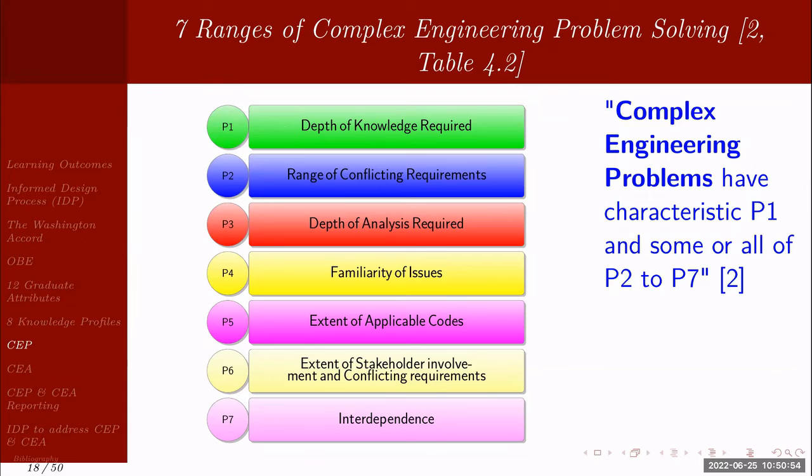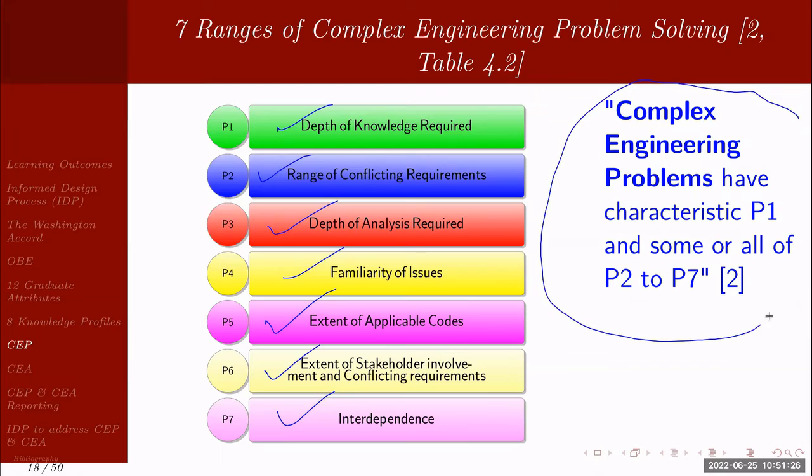P1 is depth of knowledge required. P2, range of conflicting requirements. P3, depth of analysis required. P4, familiarity of issues. P5, extent of applicable codes. P6, extent of stakeholder involvement and conflicting requirements. And P7 is interdependence.